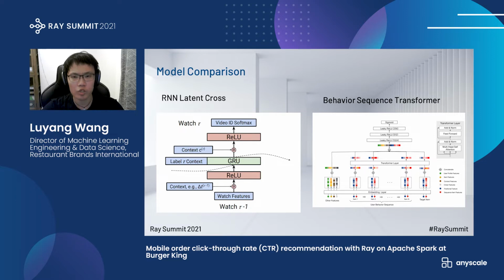Another thing worth noting is the behavior sequence transformer, another popular model that has been applied on the Alibaba website. For this model, we both use a transformer, but a key difference is that the behavior sequence transformer relies on a user identification as input. In our case, we do not.